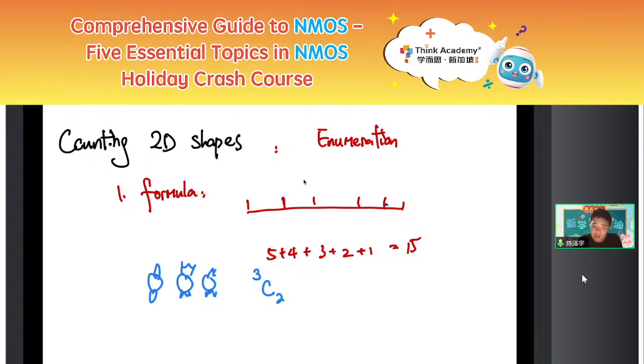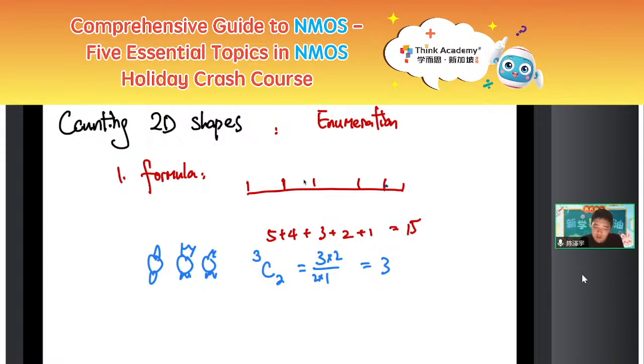You'll see how to calculate it: actually 3 times 2 over 2 times 1. So it's 3. There are only 3 ways to choose 2 of them.